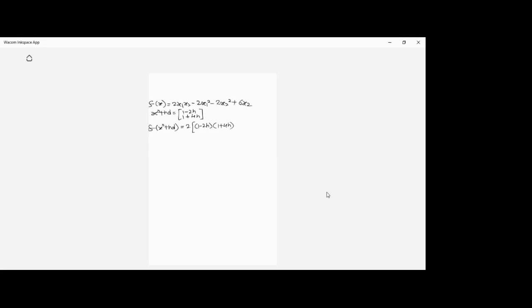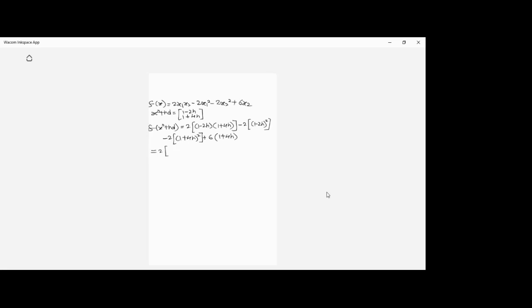Substituting, we have to find f of x0 plus hd. So it is 2 times (1 minus 2h)(1 plus 4h), then minus 2 times (1 minus 2h) square, minus 2 times (1 plus 4h) square, plus 6 times (1 plus 4h). We can open the brackets.